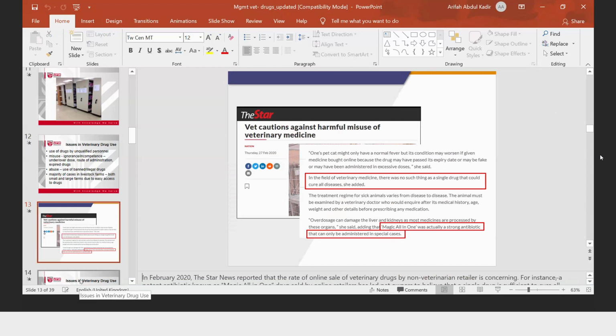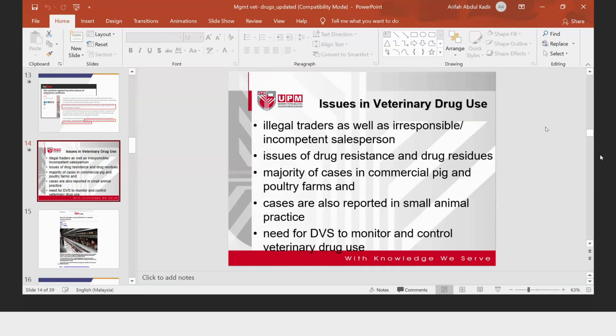And then the other issues: illegal traders, as well as irresponsible and incompetent salespersons. At the moment, these traders are selling drugs. By right, the drugs should be controlled by the veterinarians.